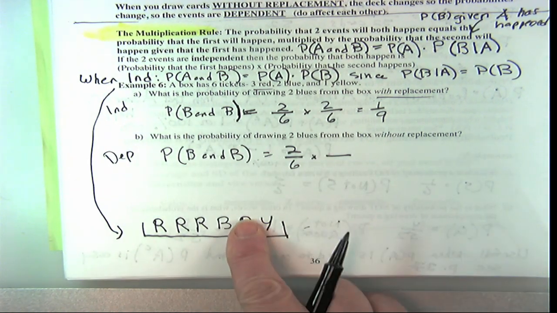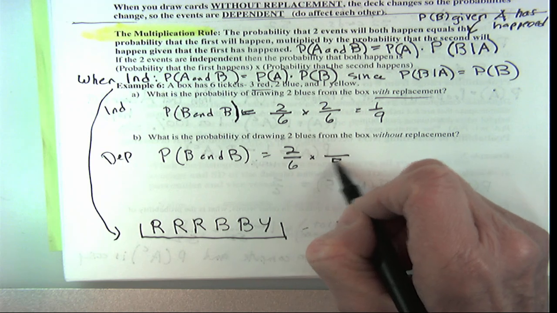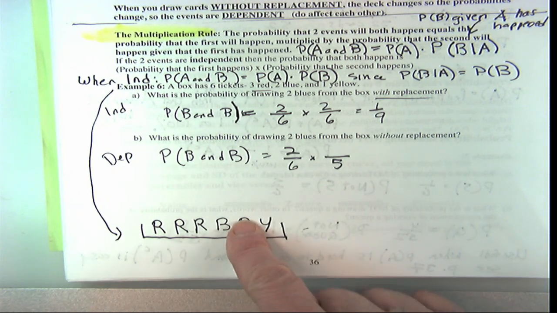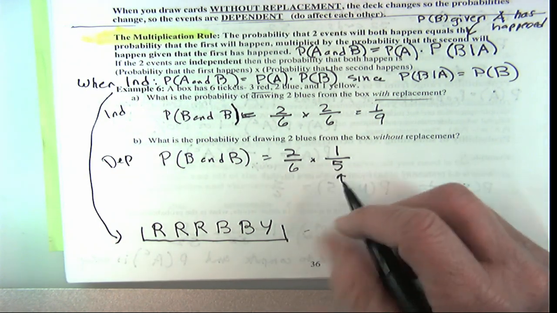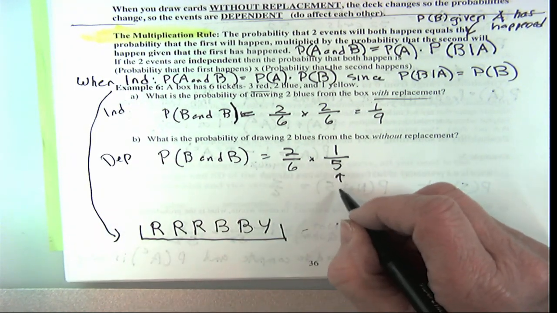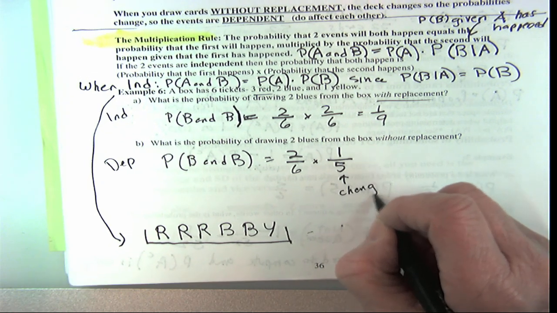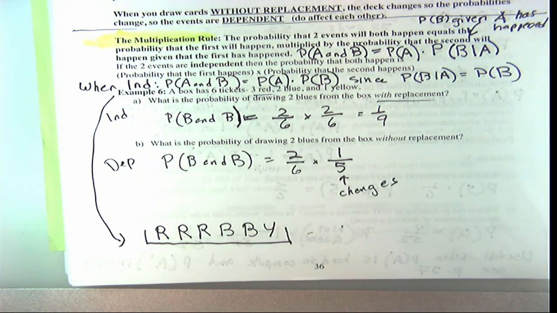Now there's only 5 outcomes, and it matters whether it was blue or not, right? There's only 1 blue left. So the probability changes. It's dependent. So that's pretty simple. Any questions on that?